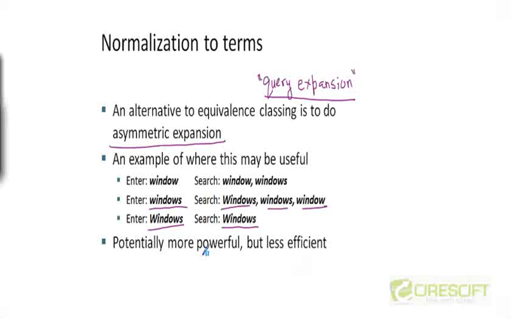Because if a particular document contained, let's say, window and windows, both the singular and the plural, there would be two separate postings, one in the window postings list and another in the windows postings list. But if we equivalence class these three variants, then there'll be only one posting for that document. So the number of postings is going to go up. It's less efficient in terms of space, but it's more powerful because it allows you to do this asymmetric expansion.